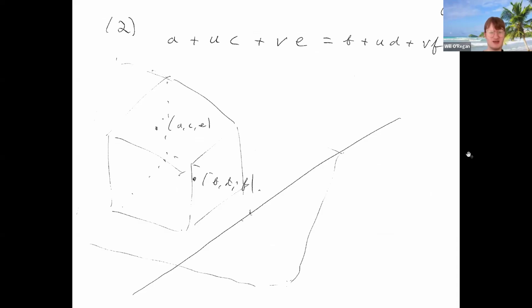I'm very bad at drawing. I'm not a particularly good mathematician, but at least I made the correct decision of mathematics over fine art, as you can probably tell from this drawing. I've tried to do the same drawing I did before here to represent that we're projecting to this line here. And then you've got these 2 points in A cubed, which are separated, and they're projecting to the same point.